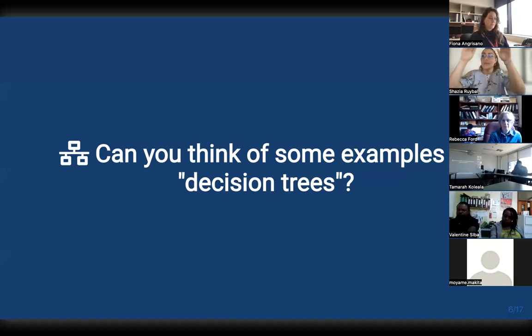And every time you go down that decision tree, you might get a different result. So for example, maybe Tama or Becca today said, oh, I'm going to take this road because I know that today there isn't traffic. But then tomorrow there might be traffic, so you might actually take the other one. And so it is basically trained in the same way that we make our own informed decisions.